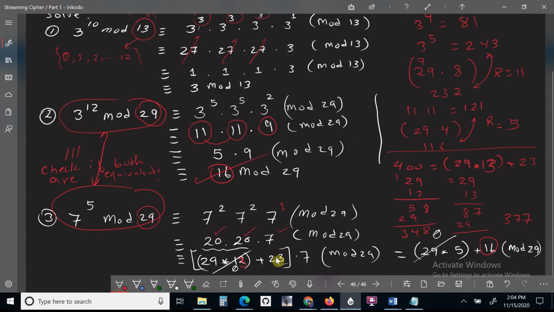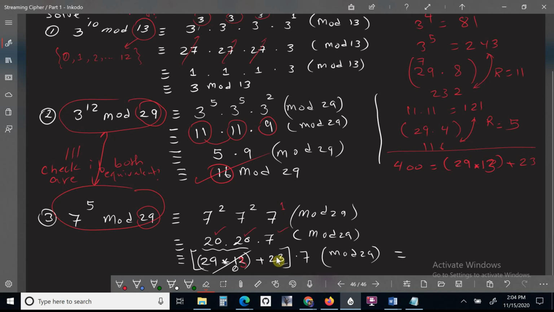So let me just correct this one here, and I'm going to erase. So this is already, we double checked it. Okay, so this is correct. So it's actually 400 is equal to 29 times 13, and I corrected my equation, and the remainder is 23, and this is valid here. And remember, it's 7.